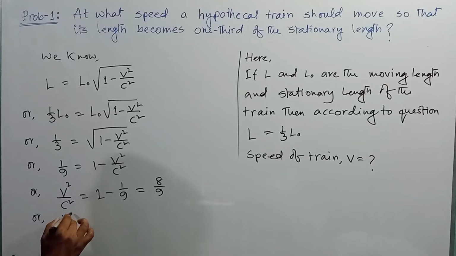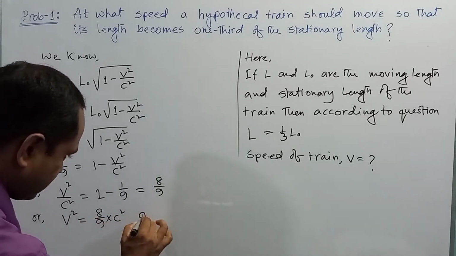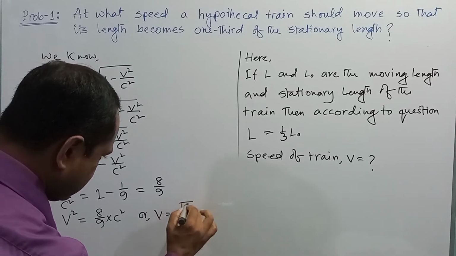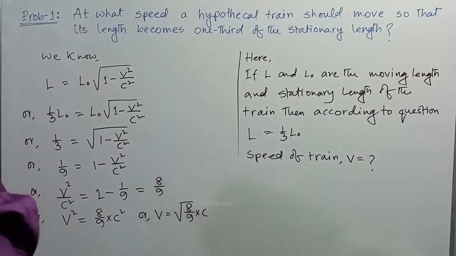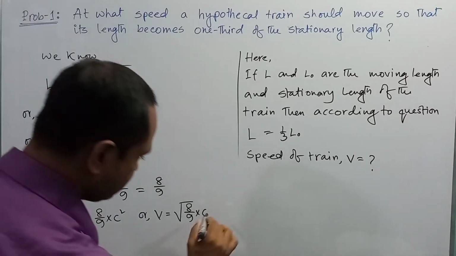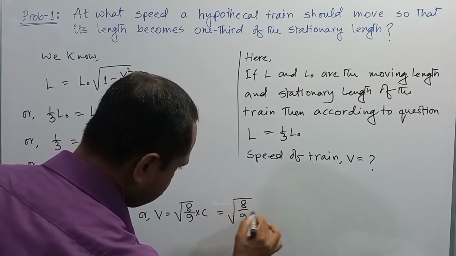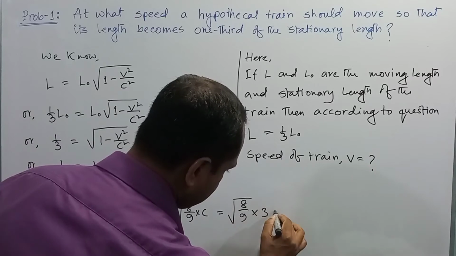Or V square is equal to 8 by 9 into C square, or V is equal to square root of 8 by 9 into C. Now using the value of C, we can write square root of 8 by 9 multiplied by C. You know the speed of light is 3 into 10 to the power 8.